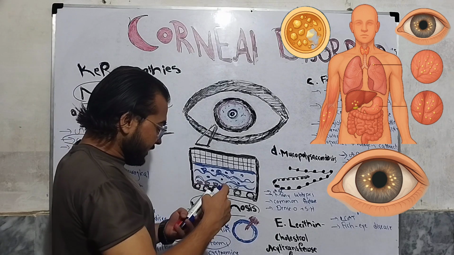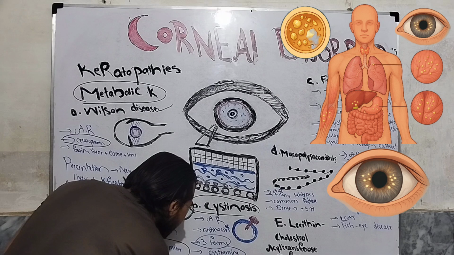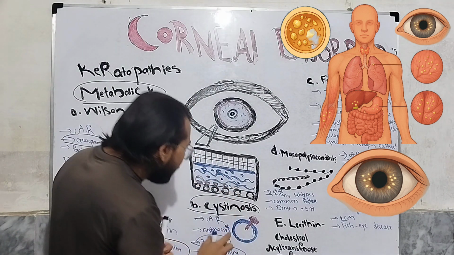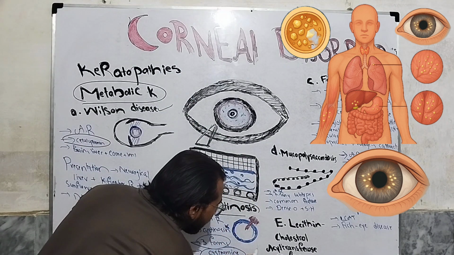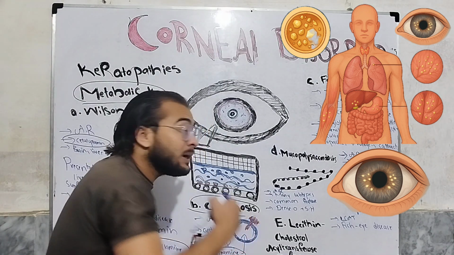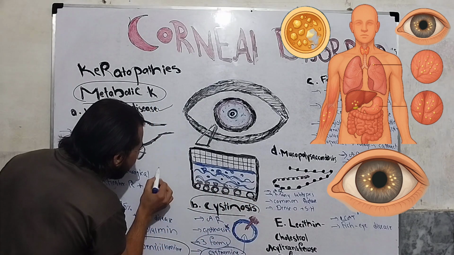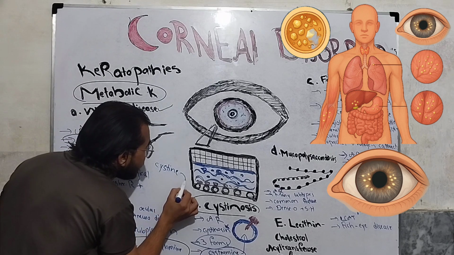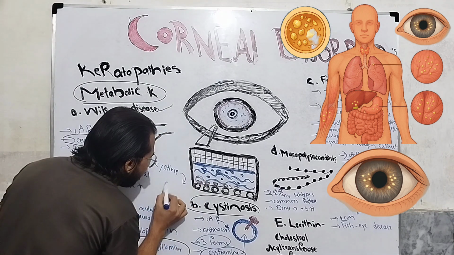This condition is treated with a drug which is called cysteamine. When we give this substance to a patient, it will enter into the cells and will convert the cystine into a different form, which is pronounced like cysteine, T-I-N-E.